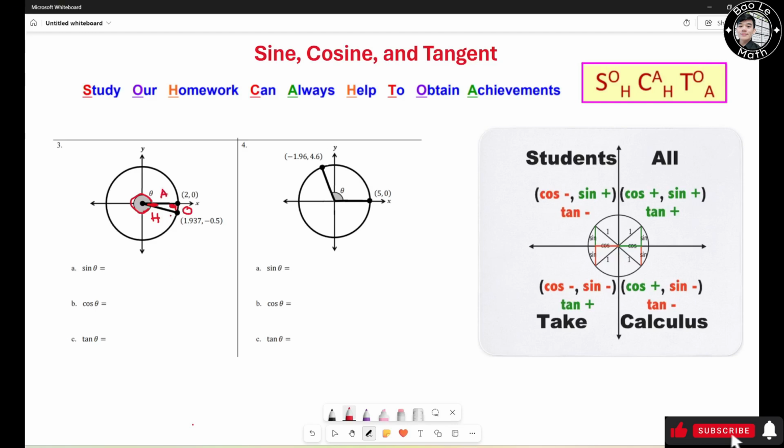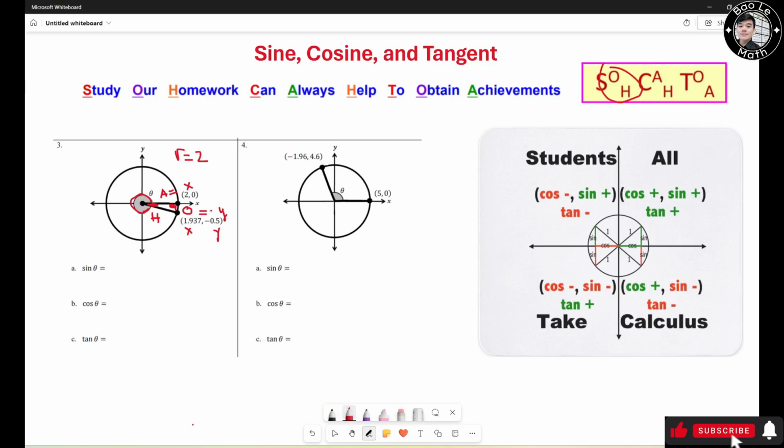So the opposite, which means the y value, right? This is y. And this guy adjacent, which means the x value, right? Now this is x and this is y. The radius is 2, right? Alright, so sine theta is going to be opposite over hypotenuse.